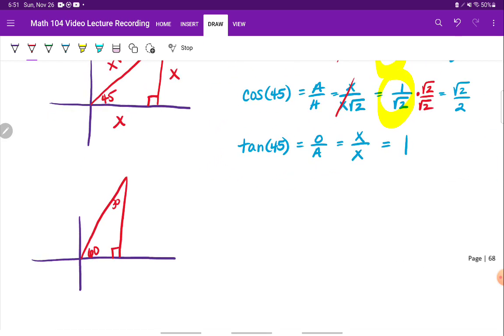Remember that the short side is always across from the 30-degree angle, and we label the short side in our special right triangle here x. The long side, which is across from the 60-degree angle, is going to be x times the square root of 3, and our hypotenuse is 2x.